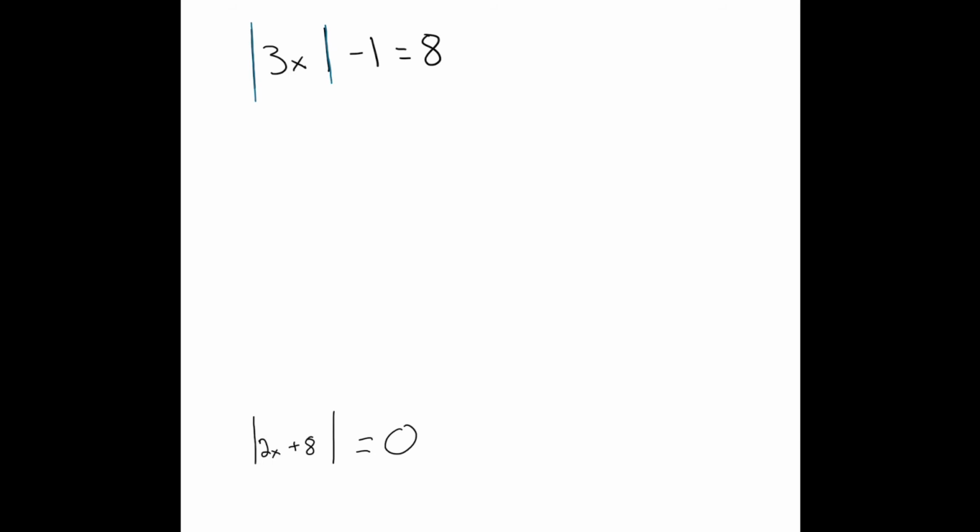If you have something else on this side of your equation, you really want to move it to the other side so you can solve for that absolute value. So we have this 1. The first thing we're going to do is add the 1 on both sides. That's going to leave us with the absolute value of 3x is equal to 9.